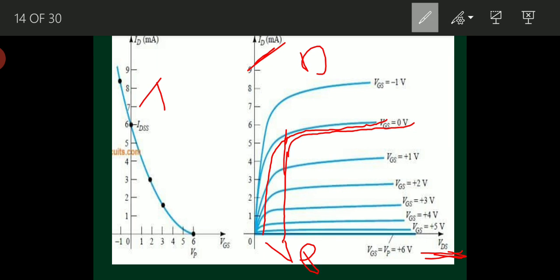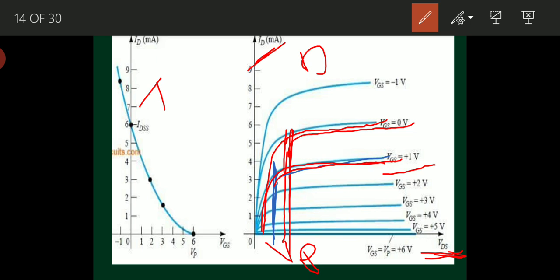When VGS equal to plus 1 volt, some positive voltage, previously this was the VP, pinch off voltage, and now this is the pinch off voltage. Why? Because at VDS equal to 2 volts only, I am getting constant current. This is the graph for VGS equal to plus 1 volt.